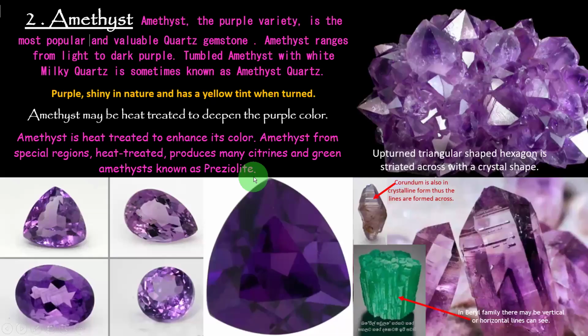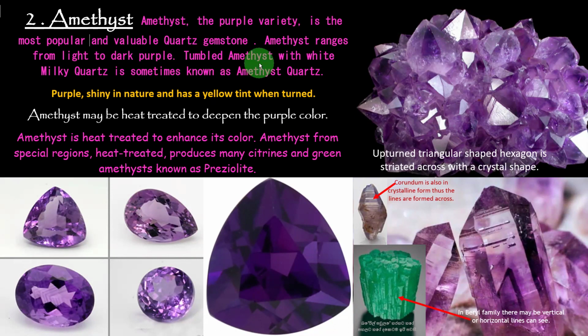Then we are moving to the second variety. The first one is rock crystal. The second one is amethyst. Amethyst, the purple variety, is the most popular and valuable quartz gemstone. It ranges from light to dark purple.